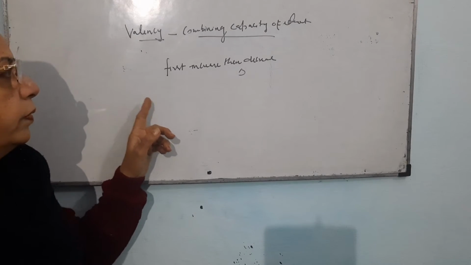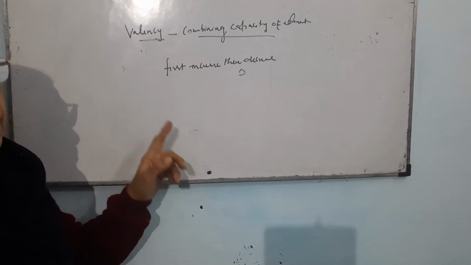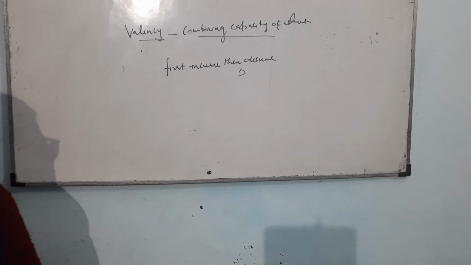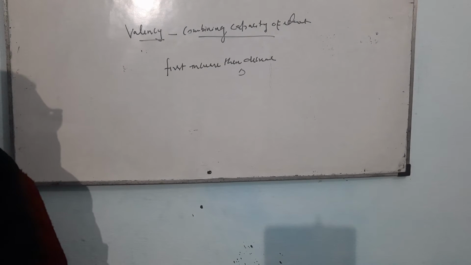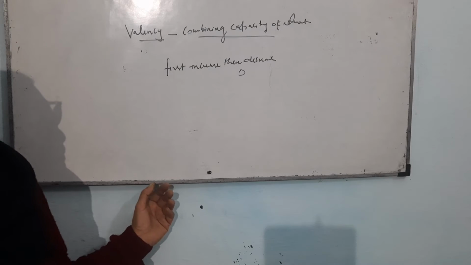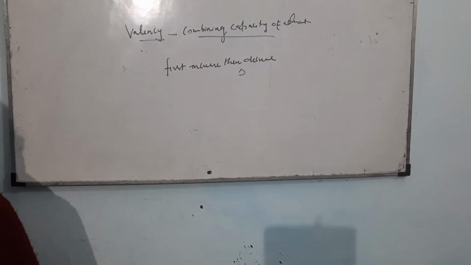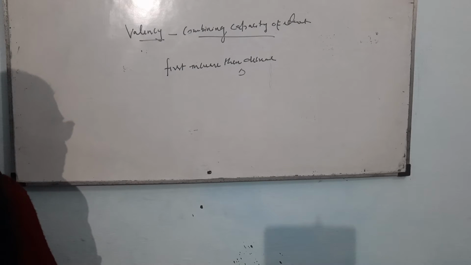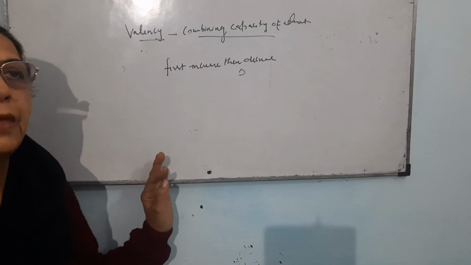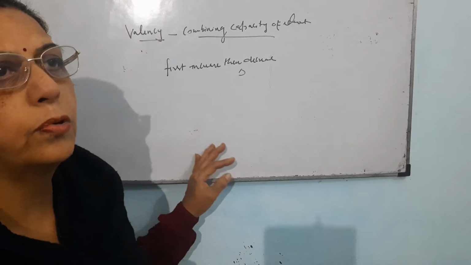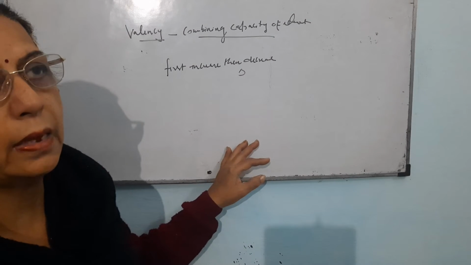Because when we move from left to right in a period, there is an increase in the number of valence electrons and there is a decrease in the valency. But as the number of valence electrons is increasing, valency decreases, and the nuclear charge, that is the number of protons, is also increasing.